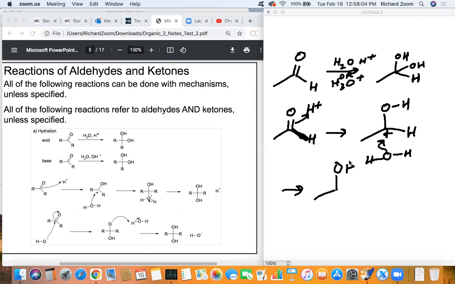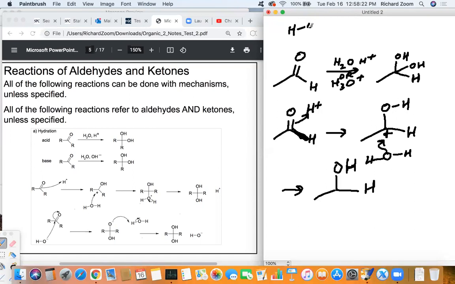So in the next step, we're looking at having something attack that C+. Now, what would that something be? Well, it has to be the other thing we haven't worked with yet, which is the water. If you look at the structure of water, it consists of oxygen, which we consider to have a delta minus, and hydrogen, which we consider to have a delta plus.